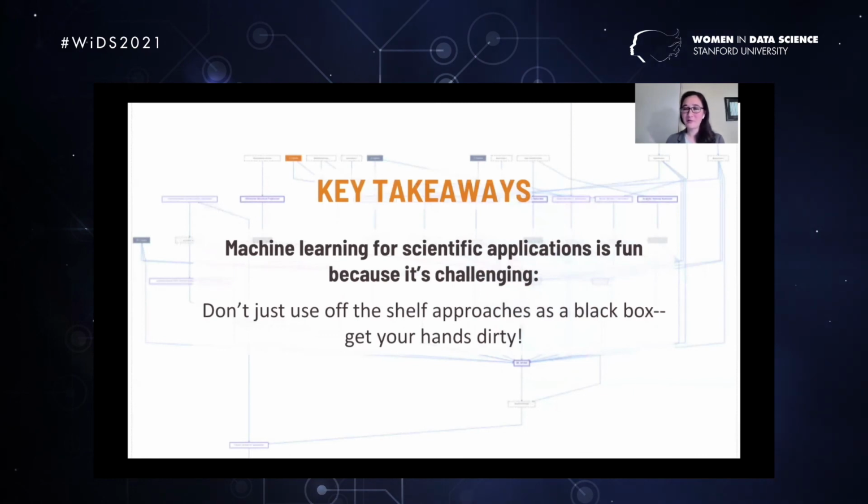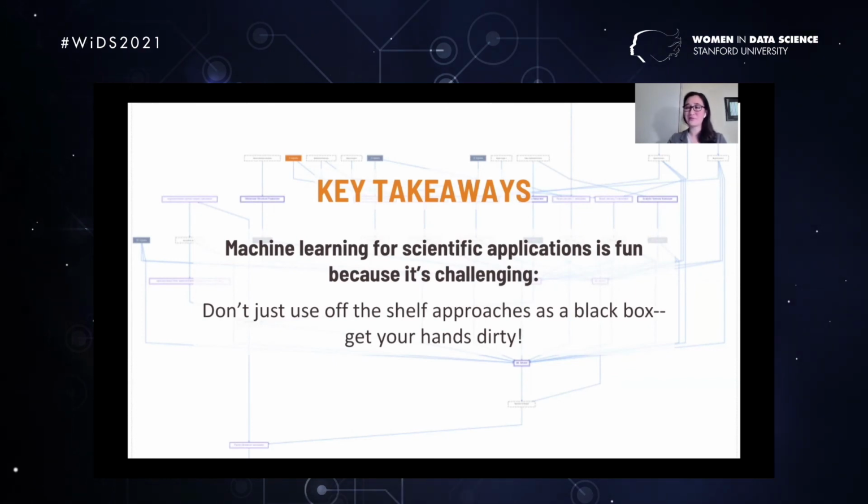So if you really only walk away from this talk with one key takeaway, it should be that machine learning for scientific applications is fun because it's challenging. It forces you to get your hands dirty. Off-the-shelf approaches as a black box, those just don't work in this use case because of the kind of data you're working with, because of the kind of users you have, because of the nature of the exploration you're trying to do.